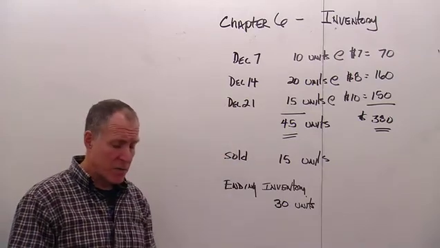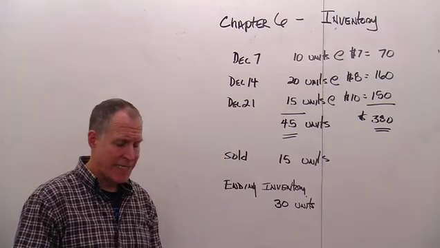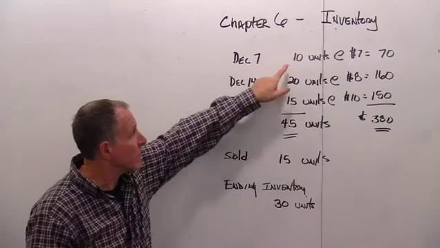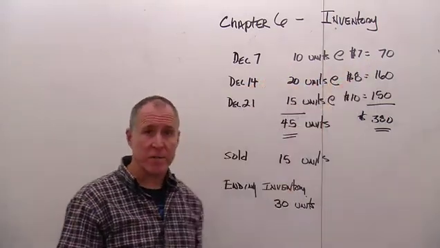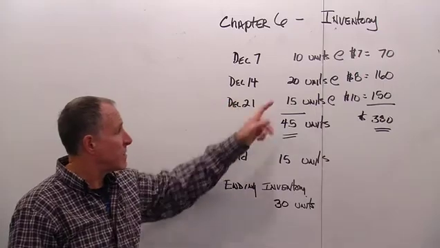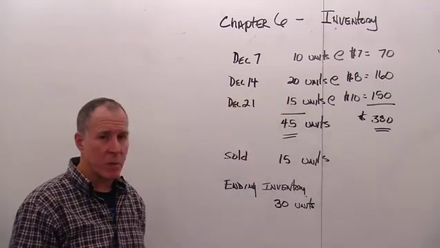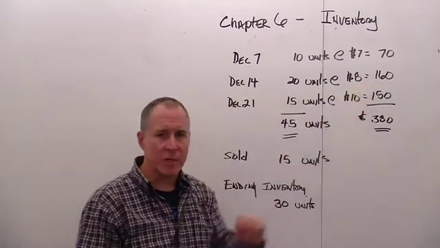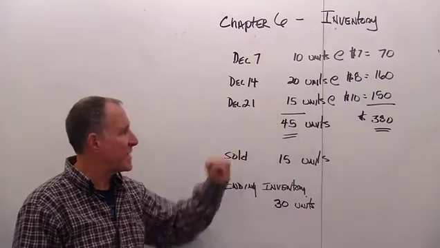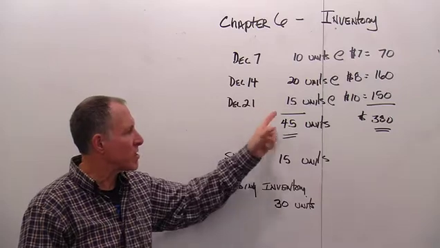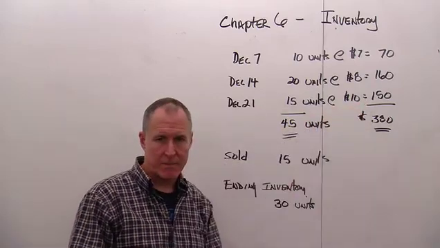On the 7th, we had 10 units at $7, so we paid a total of $70 for goods. On the 14th, we had 20 units at $8, so we bought $160 worth of goods. On the 21st, we bought 15 units at $10 apiece, for a total of $150.